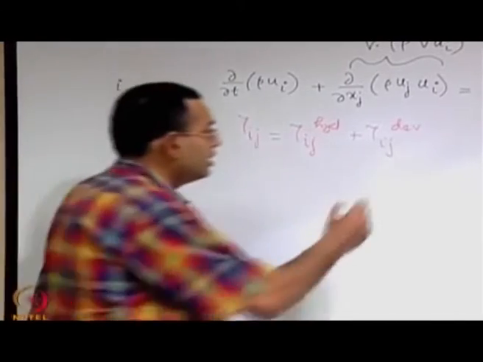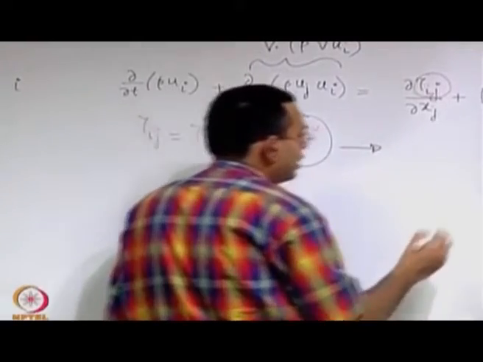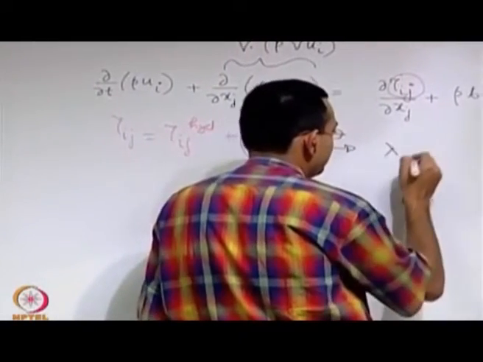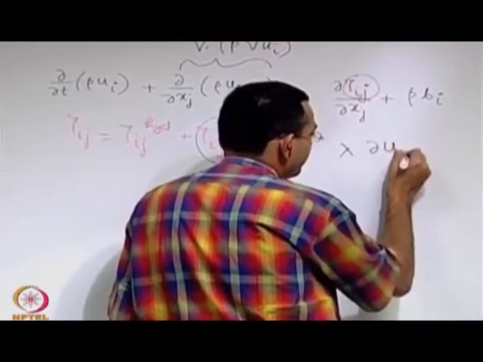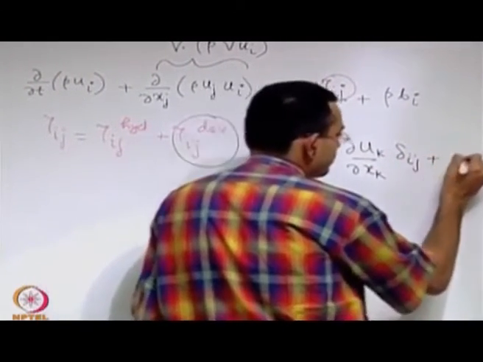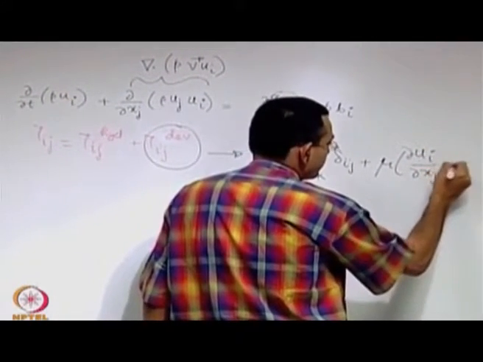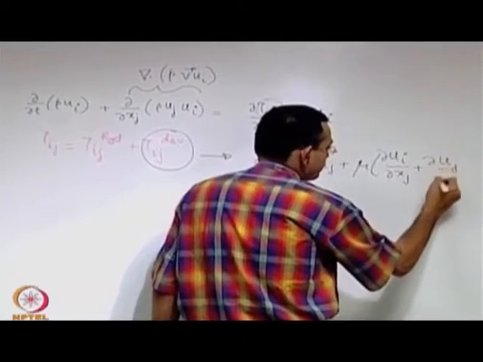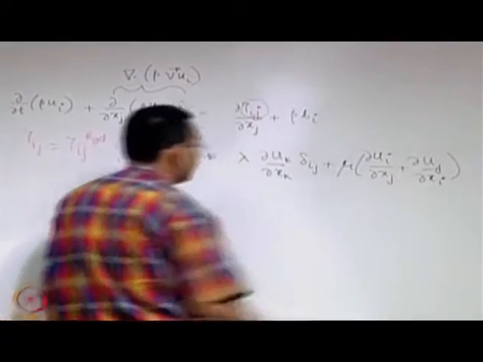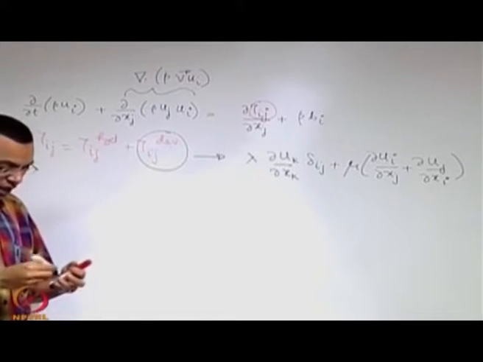So we related this deviatory stress component with the rate of deformation by this one, where lambda and mu are two material property dependent constants.